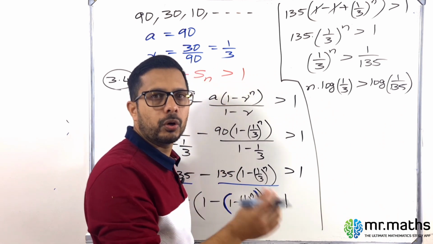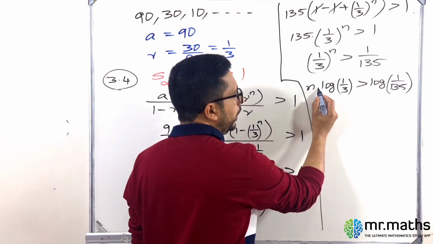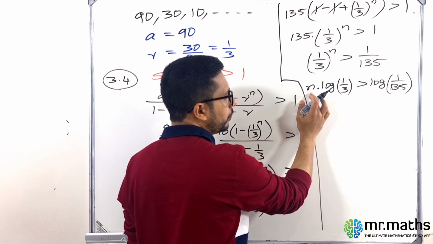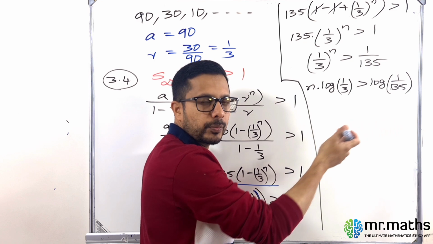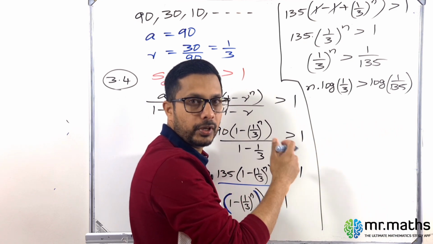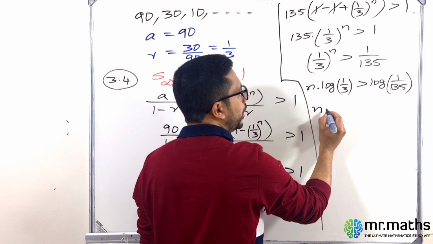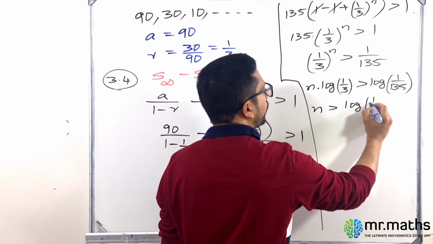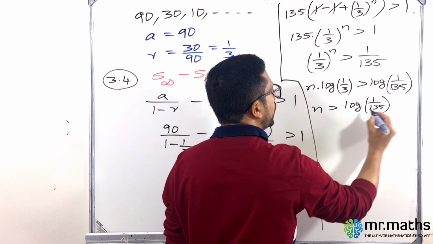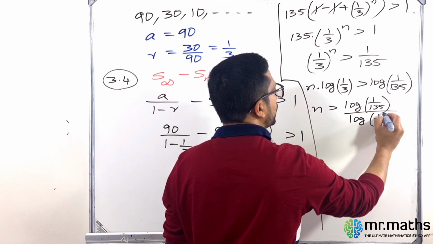So I took a logarithm on both sides. Now if I want to find n, I have to take this log to the other side. This is multiplication, so on the other side it is division. So n is greater than log of 1 over 135 divided by log of 1 over 3.